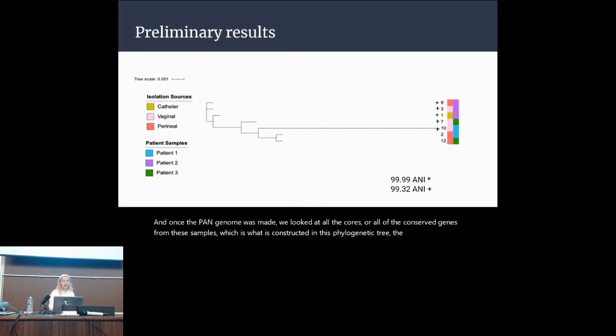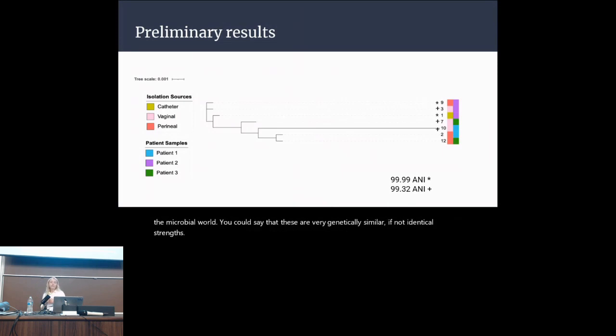The most interesting aspects of this phylogenetic tree are that 1 and 9 are samples that come from the same participant, and you have an ANI value, or average nucleotide identity value, of 99.99. In the microbial world, you could say that these are very genetically similar, if not identical strains.